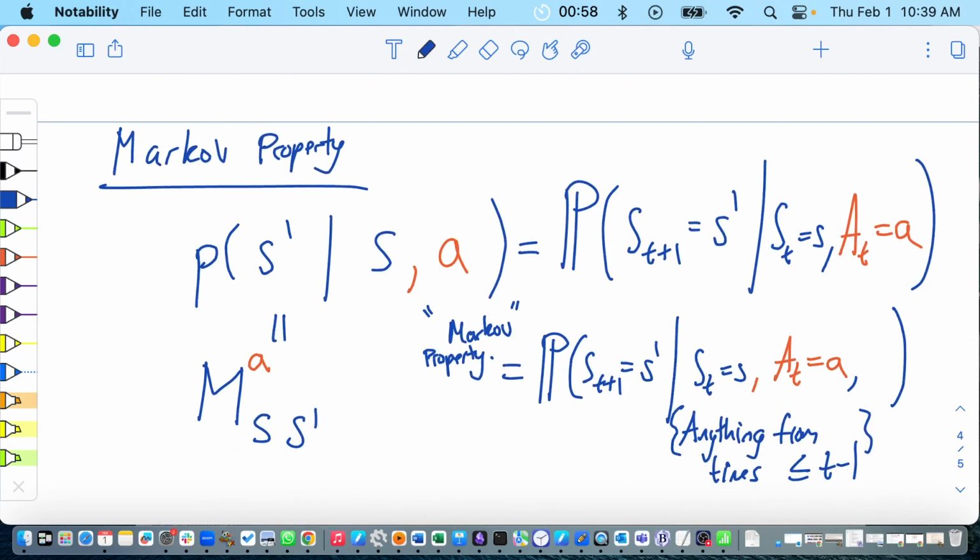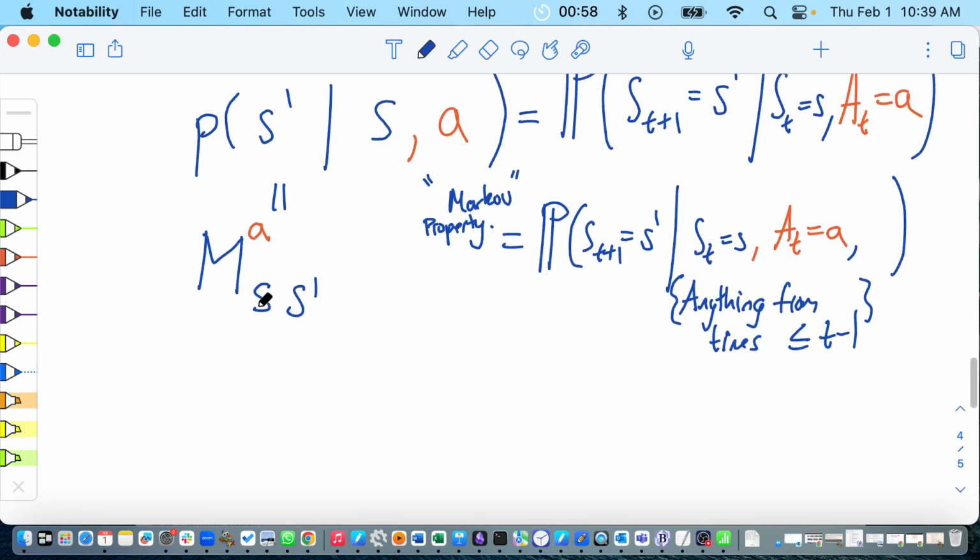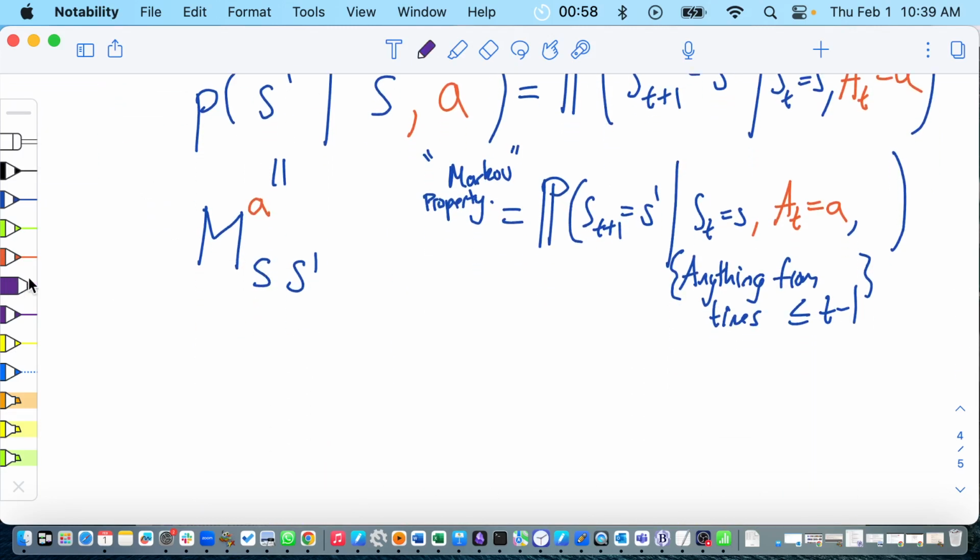So if you have a Markov decision process, the new piece of vocabulary that we're going to learn is the word policy. Definition of policy. What is a policy? A policy is like a predefined way to choose an action at every given state.